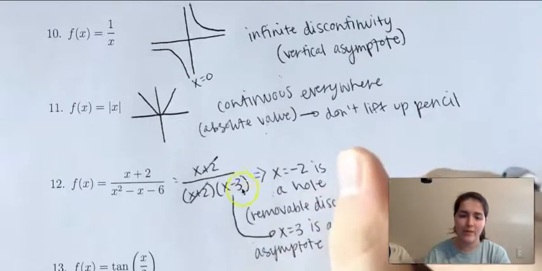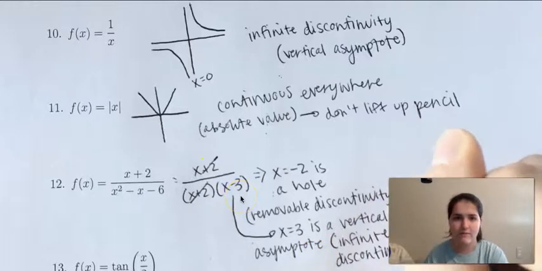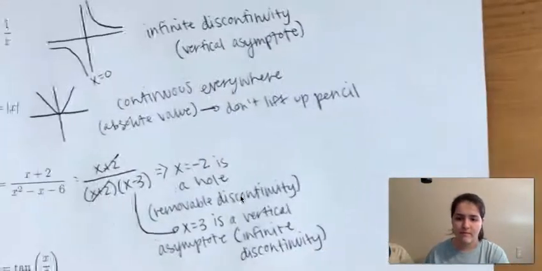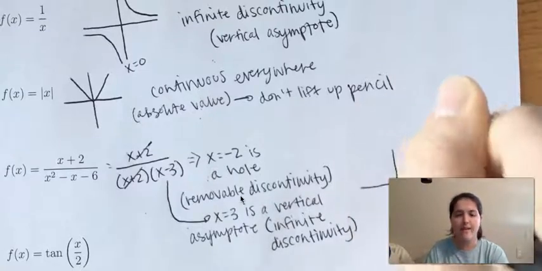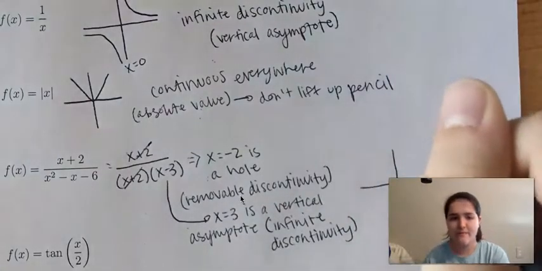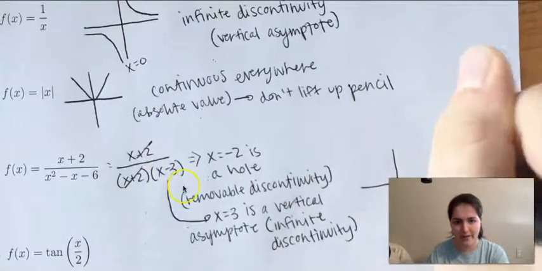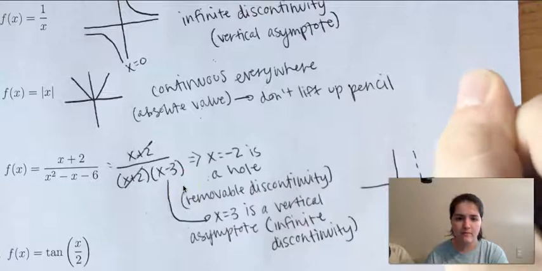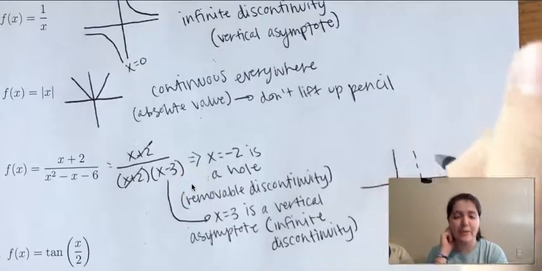And then we have x equals 3. X equals 3 is a vertical asymptote. And vertical asymptotes are infinite discontinuities. See where x equals 3 is just on the bottom? Well, x minus 3, and then we set it equal to 0 and solve for x.